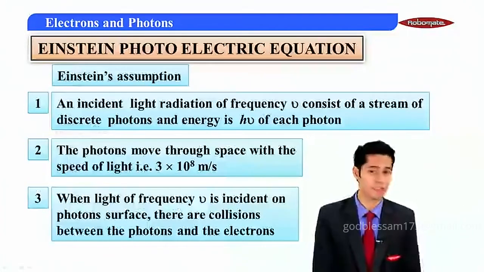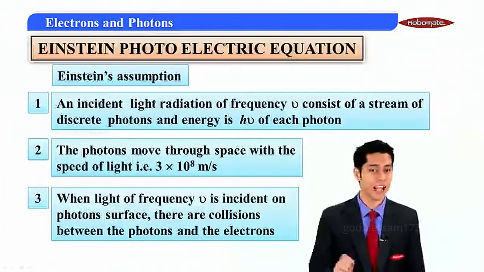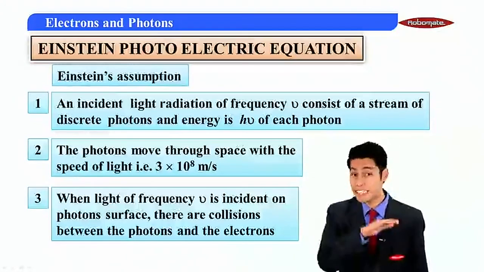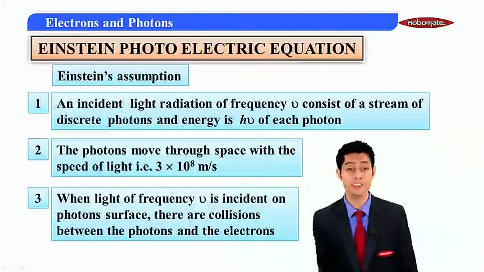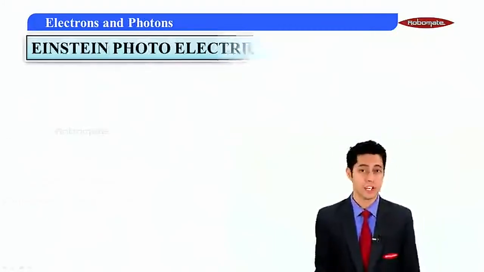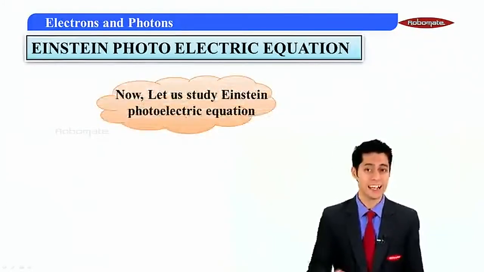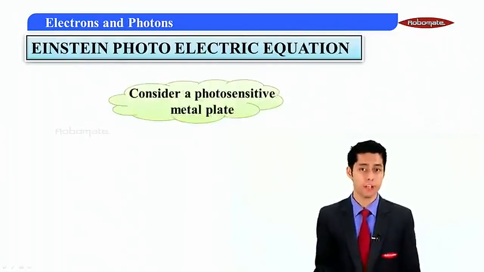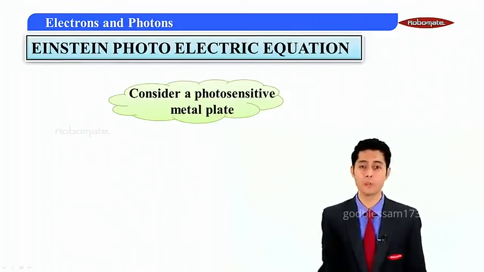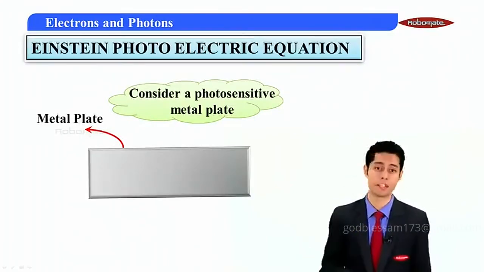The third assumption that he made was that when light of frequency nu is incident on the surface, there is a collision between the photons and the electrons. To study that in detail, let us see how we get that equation. We need to consider first a photosensitive metal plate.